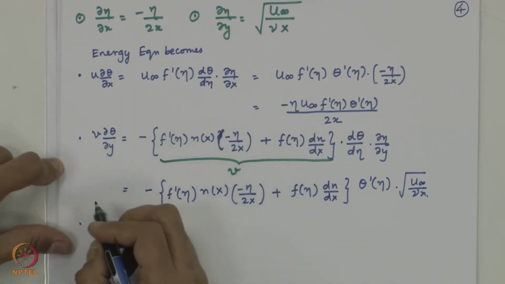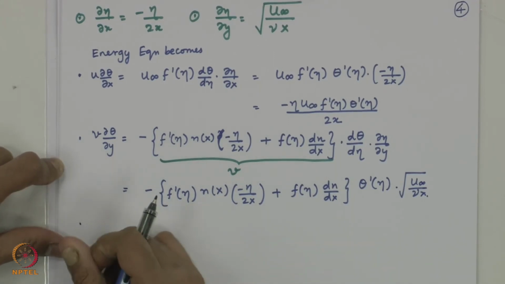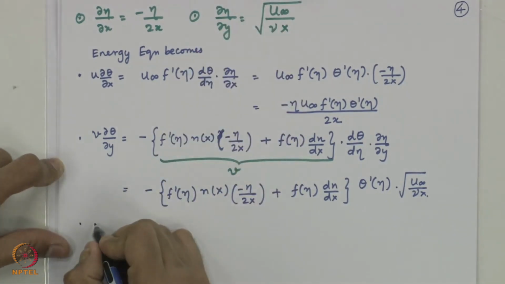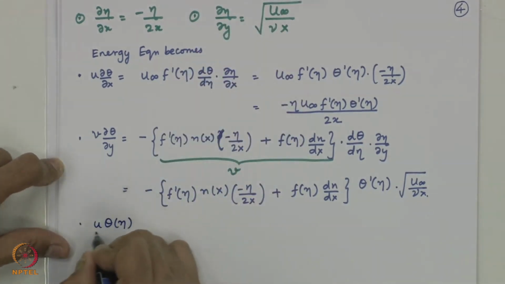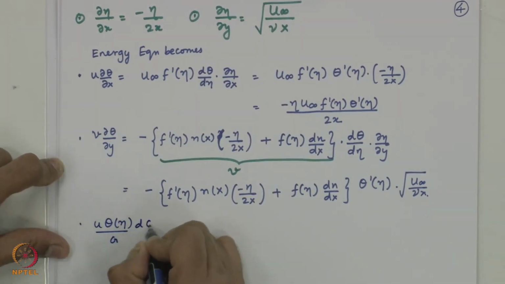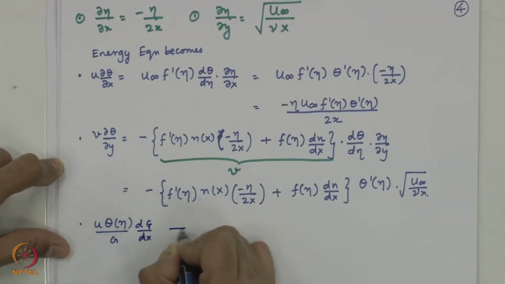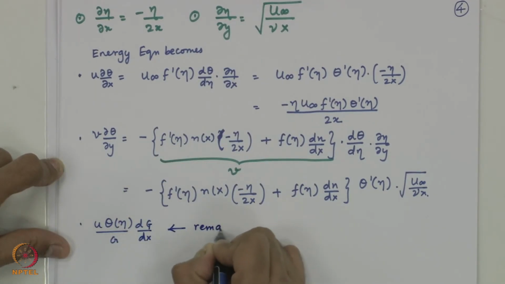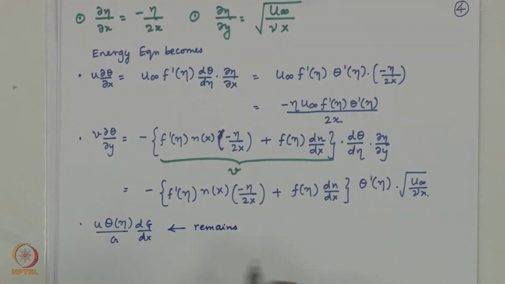The third term remains as it is, u θ (η/g) dg/dx just remains as it is. Okay.